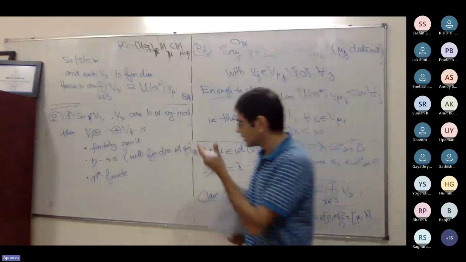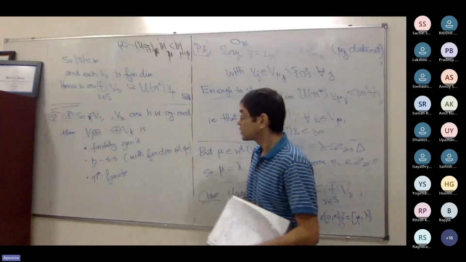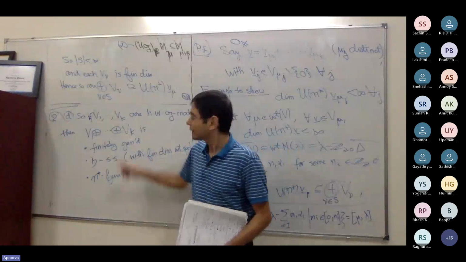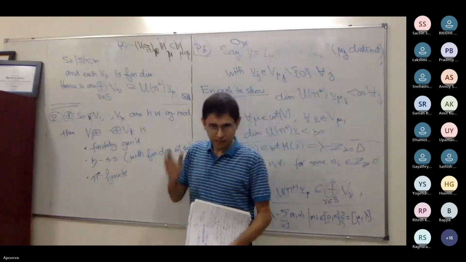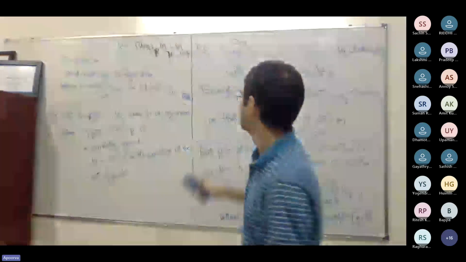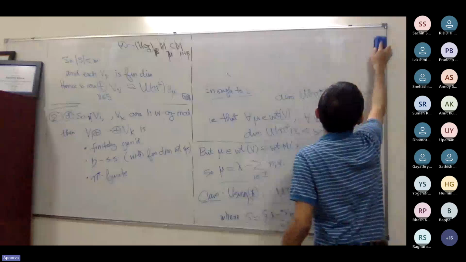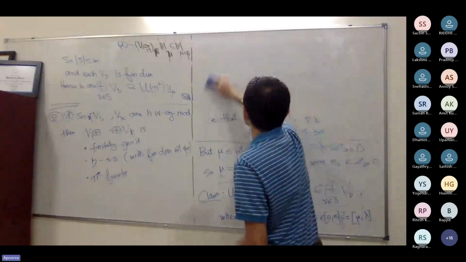And now the goal of this master class, or series of lectures, is to discuss all the modules that satisfy these three properties. That class of modules is called the category O. Now with this we can finally come to the definition.